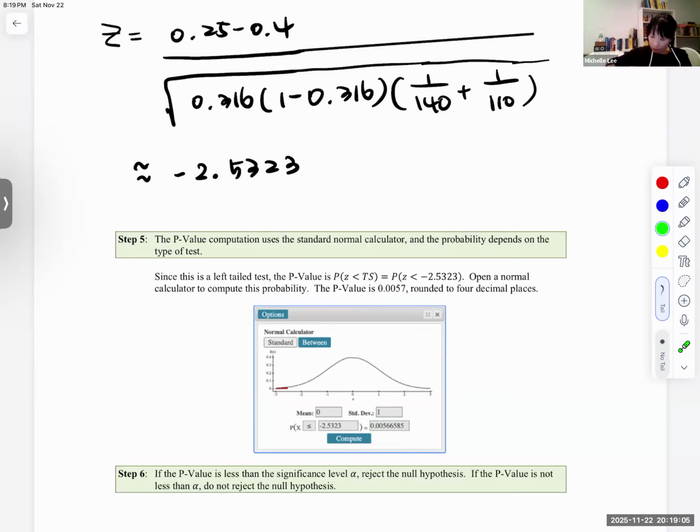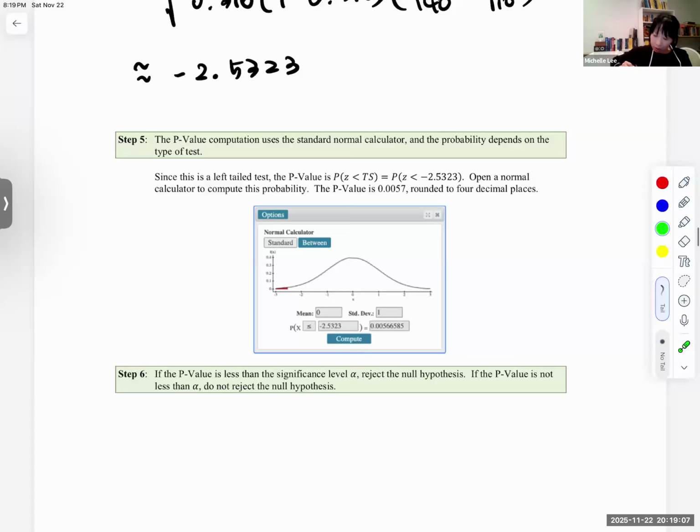All right, then we do reject the null hypothesis. The p-value equal to 0.0056, rounding to four decimals, is less than alpha equal to 0.05.